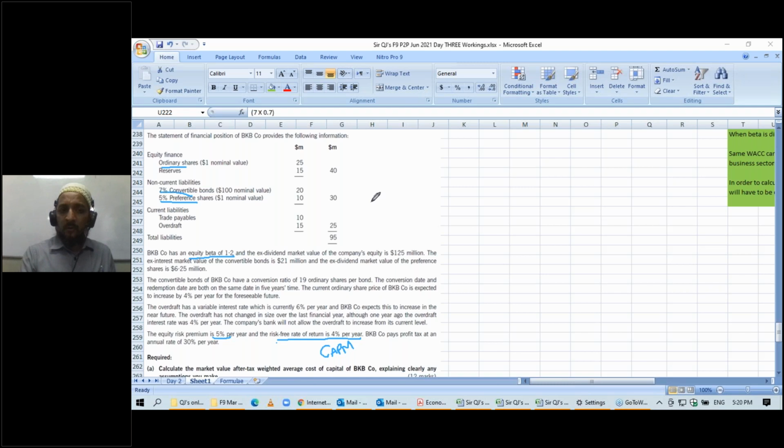First we'll calculate the market values of these three items, and then we will calculate the cost of these three types of finances. So let's start.